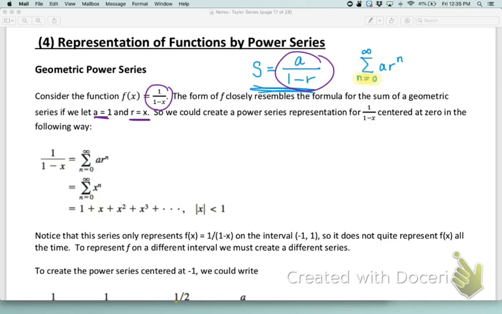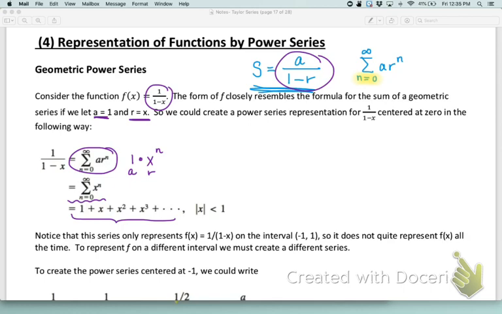So we can take that information and plug it into this general formula here, and it would become 1 times x to the n power, because that's our a and that's our r, and that's how we end up with this general definition of this series here, which we can write out as a polynomial in this form.